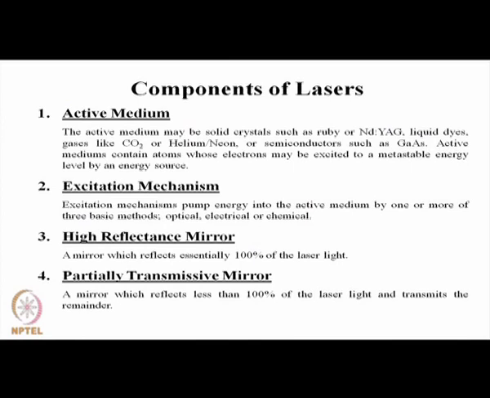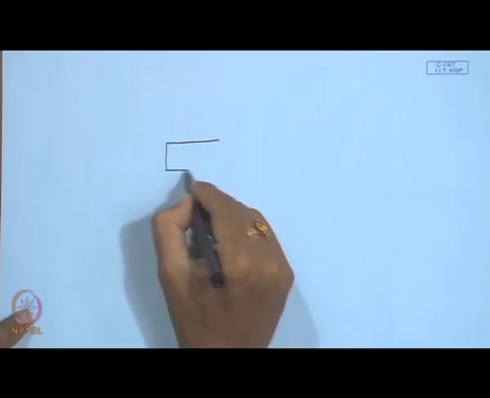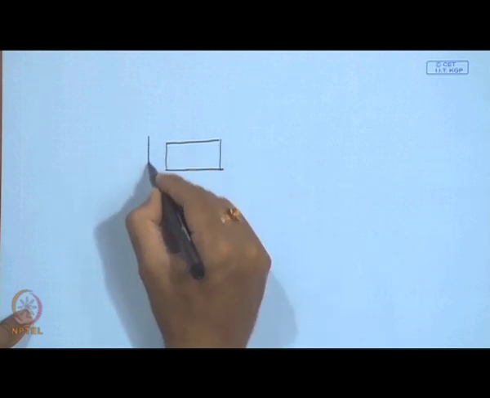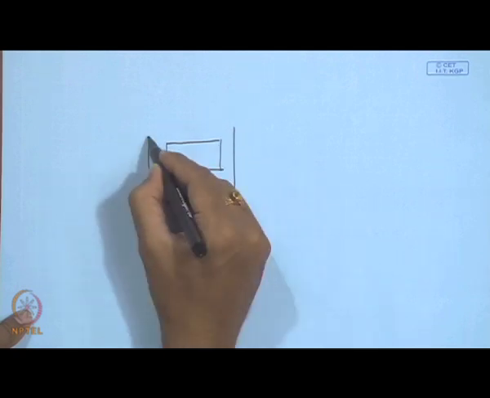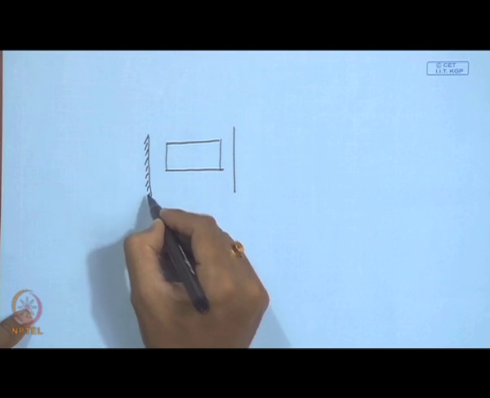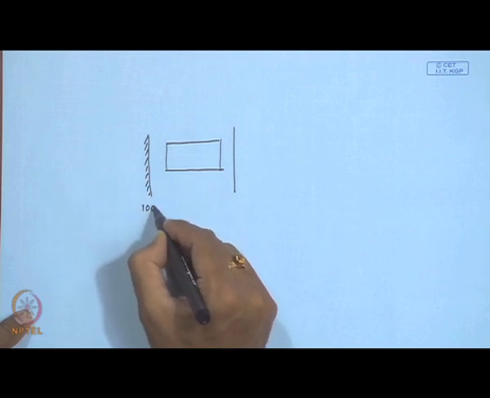Then the high reflectance mirror. High reflectance mirror means if you have a lasing cavity, you have got this active medium, you have got this mirror, there is another mirror. So, one mirror will have to be 100%.